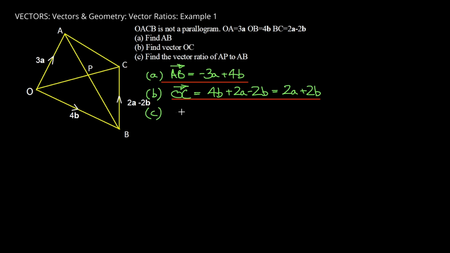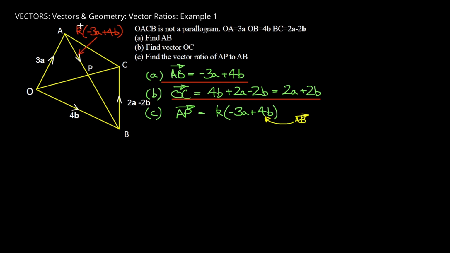So the first thing I can say is that AP, which is this vector here, must be equal to a proportion of the line AB, which is minus 3A plus 4B. And I've introduced this constant k to reflect that. So this k will turn out to be below 1. It's an amount of the complete vector AB.